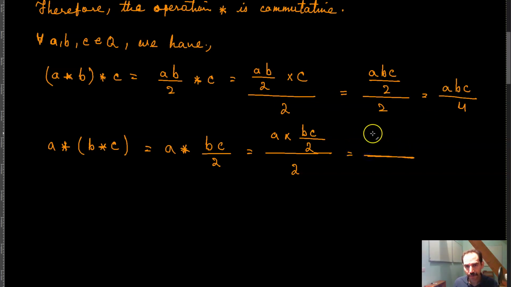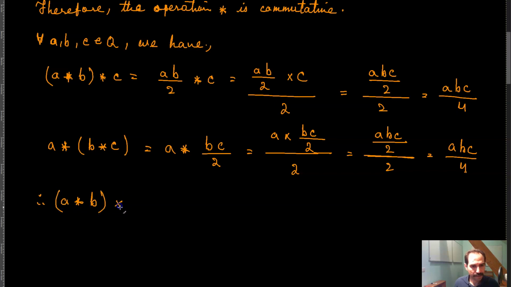So you have ABC divided by 2 divided by 2, which is equal to ABC divided by 4, which means that A star B star C is the same thing as A star B star C, right?